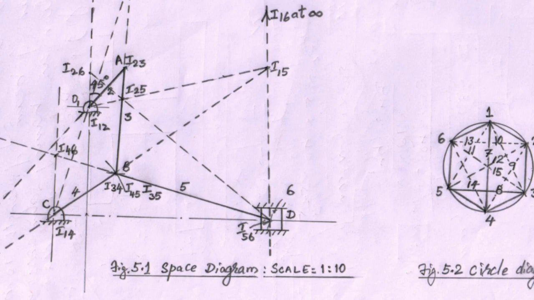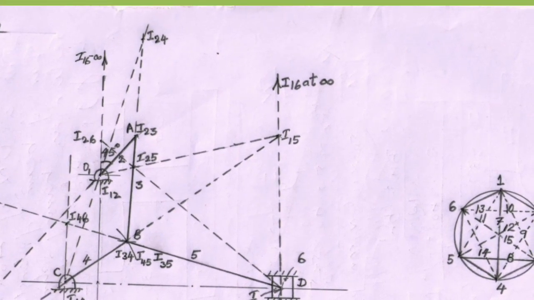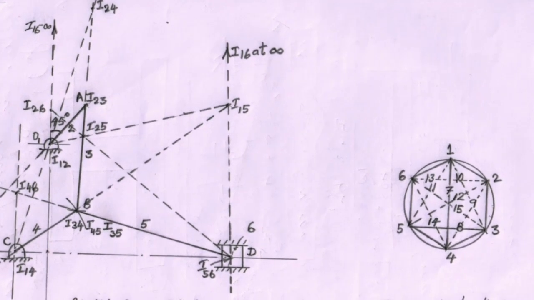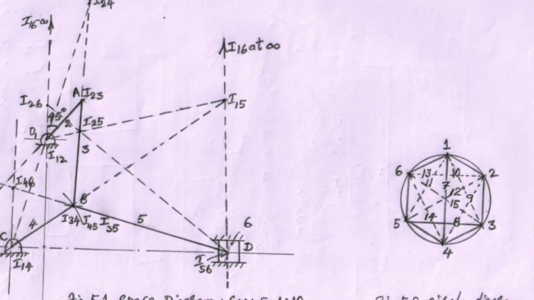Join these 2 points and extend it. These 2 lines are meeting at I24. This I24 is the instantaneous center of link 2 with respect to 4. Once you get I24, similarly you can start getting all the instantaneous centers. Next I have written I13, that is instantaneous center number 10, I13.